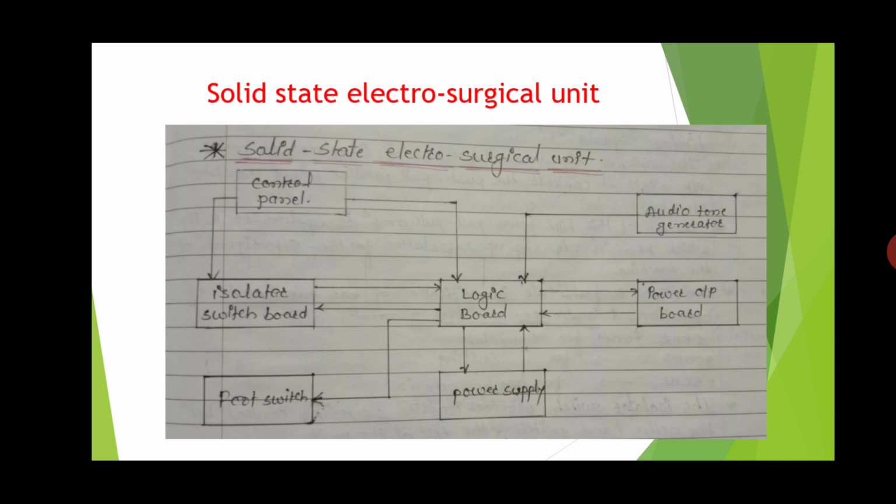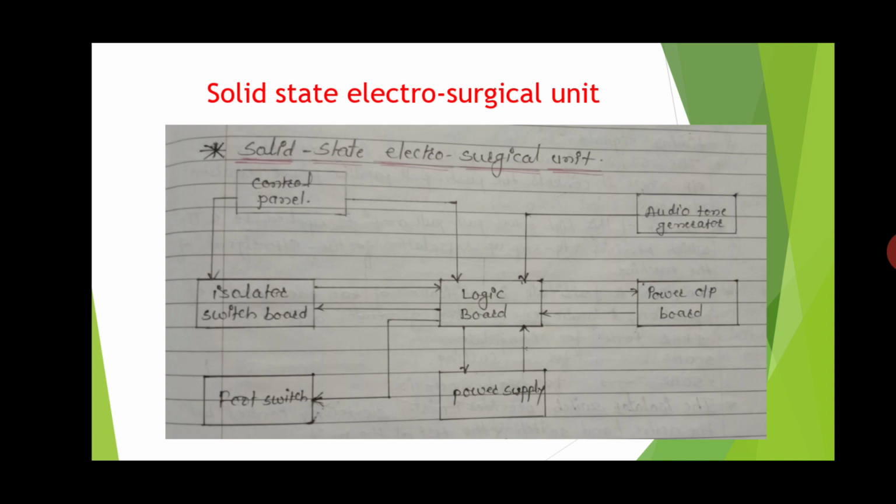In the solid state electrosurgical unit, the main parts are the control panel, isolator switchboard, foot switch, power supply, logic board, power output board, and audio tone generator. The frequency used in the solid state surgical diathermy machine is 300 kilohertz to 3 megahertz.